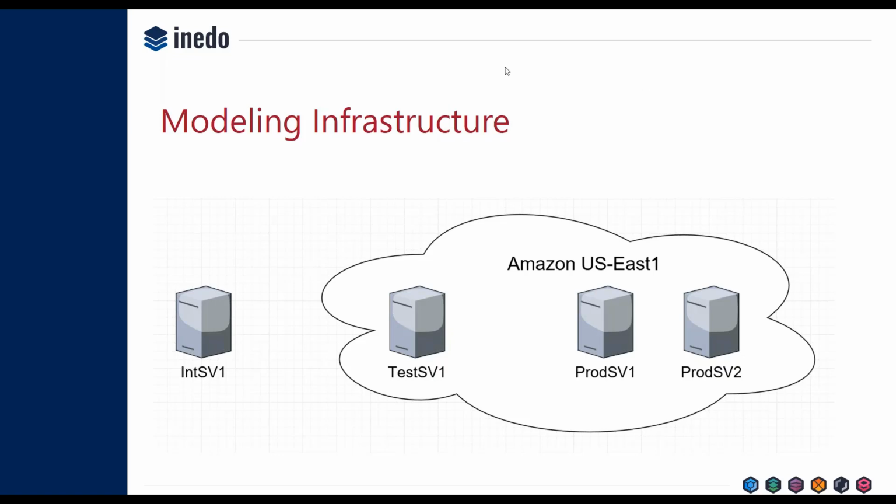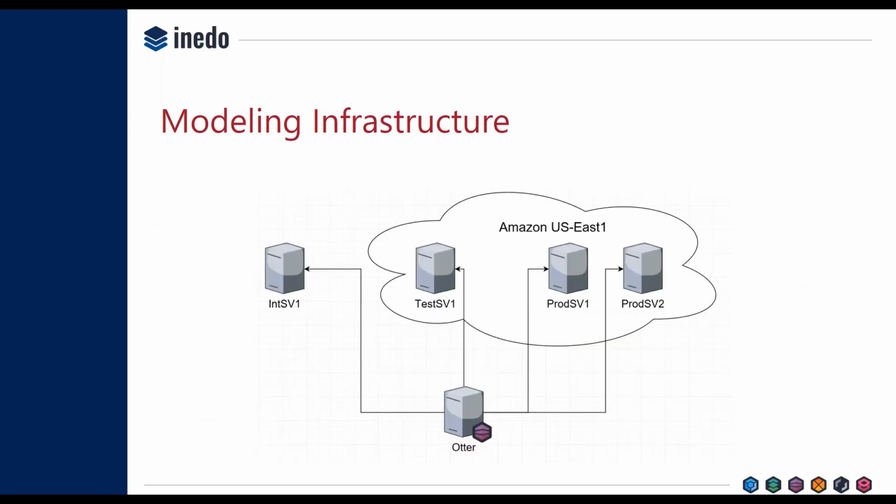We've got a very basic integration server hosted here on site, and then we have 3 servers set up in the cloud. These are just EC2 virtual servers with basically just Windows installed and IIS and of course the Inedo agent. The Inedo agent is what allows Otter to communicate to all of these servers.